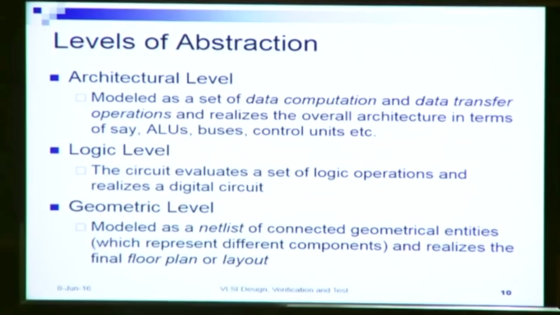The function is realized as a set of data computations because we have been able to represent it as a program. Whatever computation we do in a program, basically the input data is transformed progressively to the output. So there is a data transfer logic within the program.